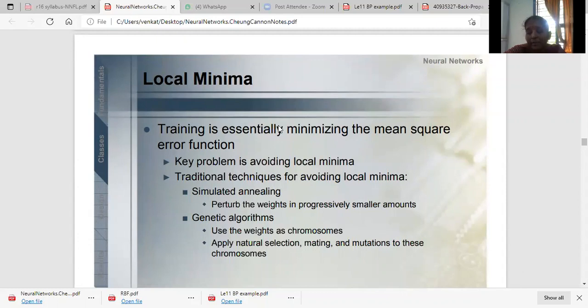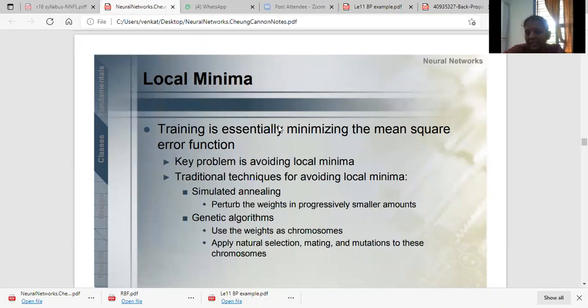Local minima is another drawback of the backpropagation algorithm, since training is essentially minimizing your mean square error function. You need to avoid the problem of finding a local minimum.